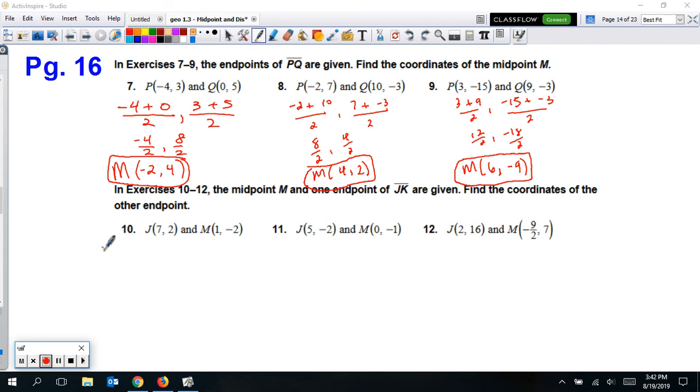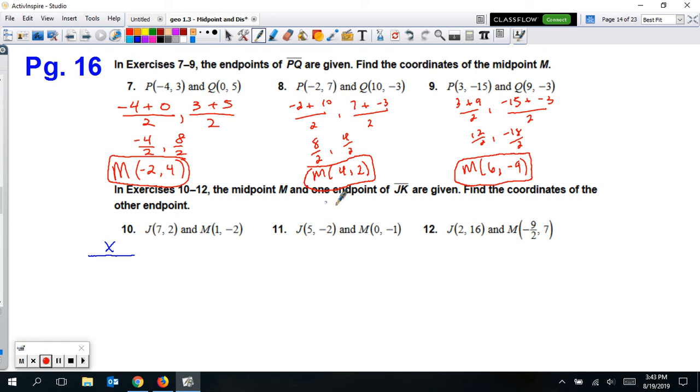So for the x, remember it's the two x numbers added together, the x numbers of the two endpoints, divided by 2, and it's going to equal the midpoint.